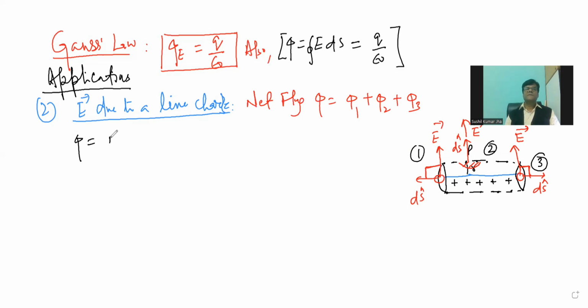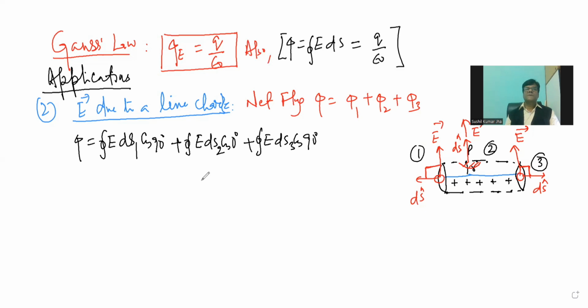So phi 1 will be the integration of E ds1 cos 90, plus for the second surface, the curved one, E ds2 cos 0, plus for the third, E ds3 cos 90 integration. And now if we solve, what do we get?